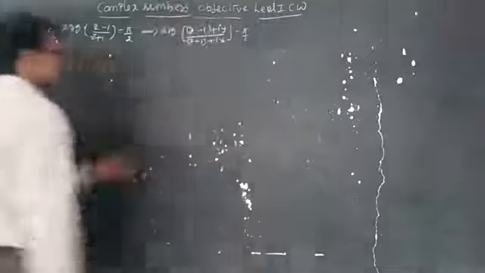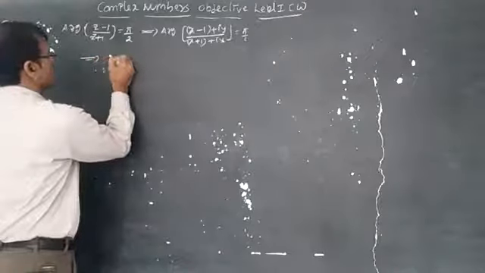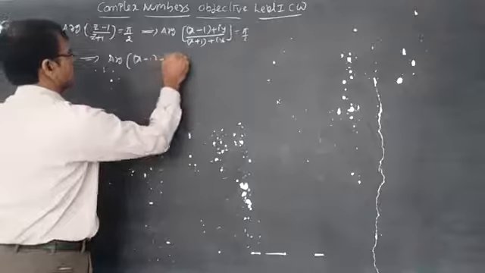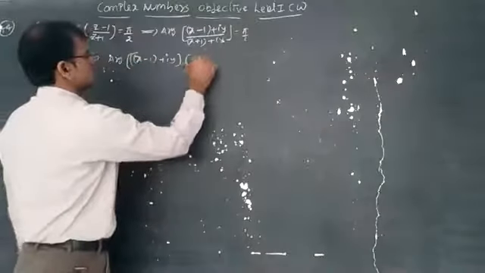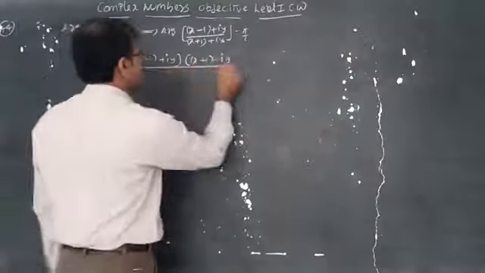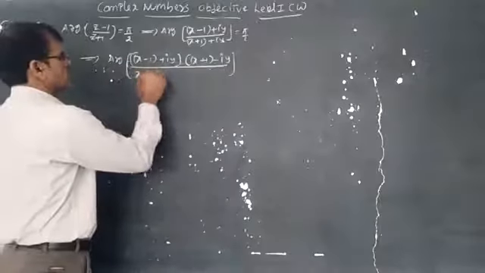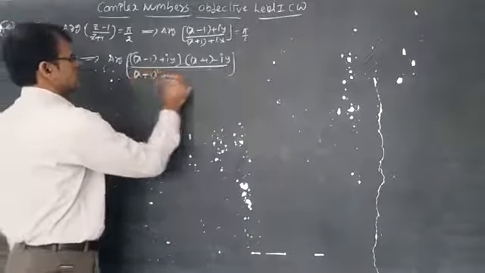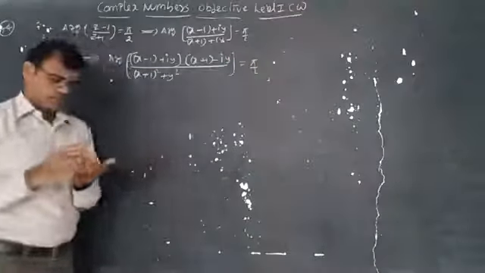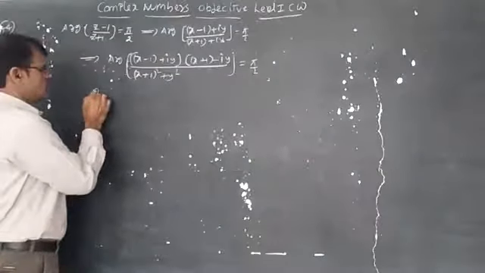So taking rationalization, that implies argument of x minus 1 plus iy into x plus 1 minus iy, the opposite sign of the denominator, over x plus 1 whole square plus y square is equal to pi by 2. Argument meaning theta is equal to tan inverse imaginary part by real part.